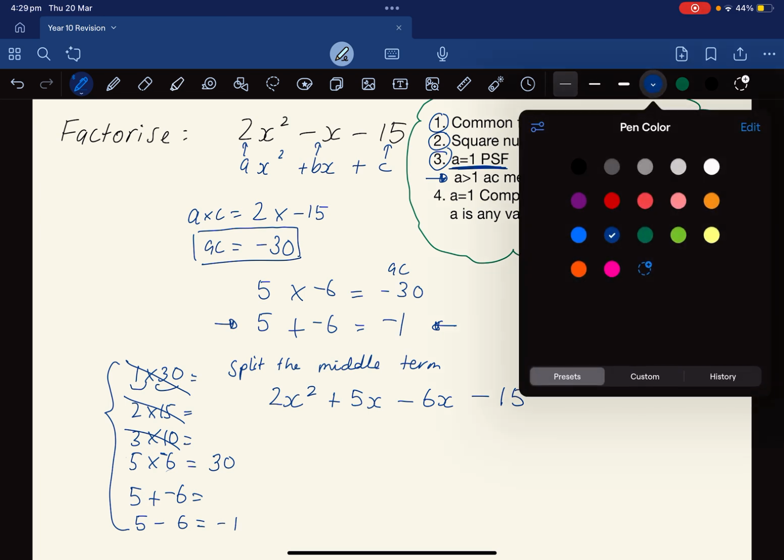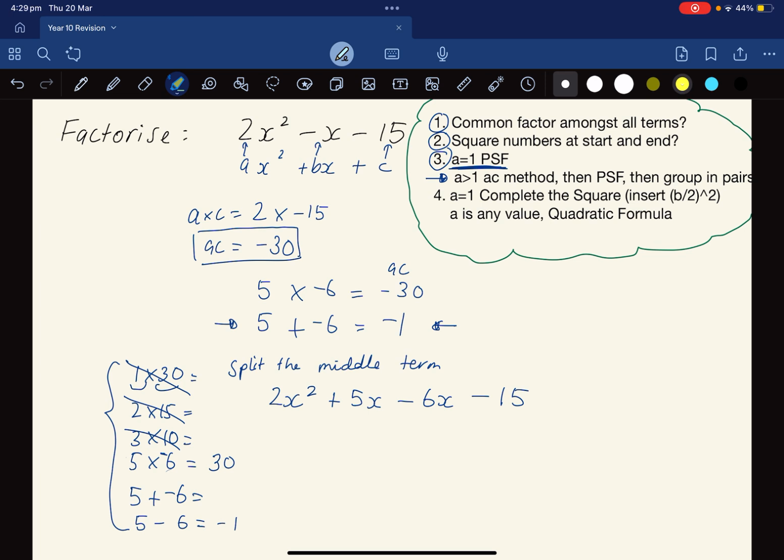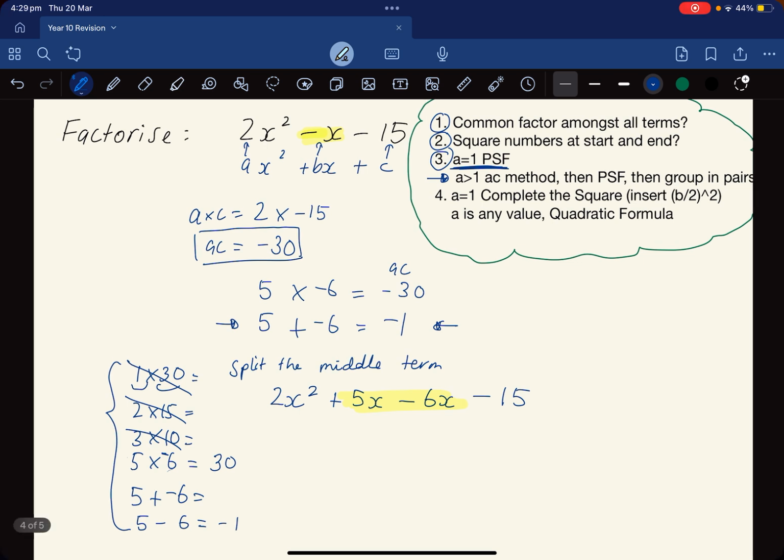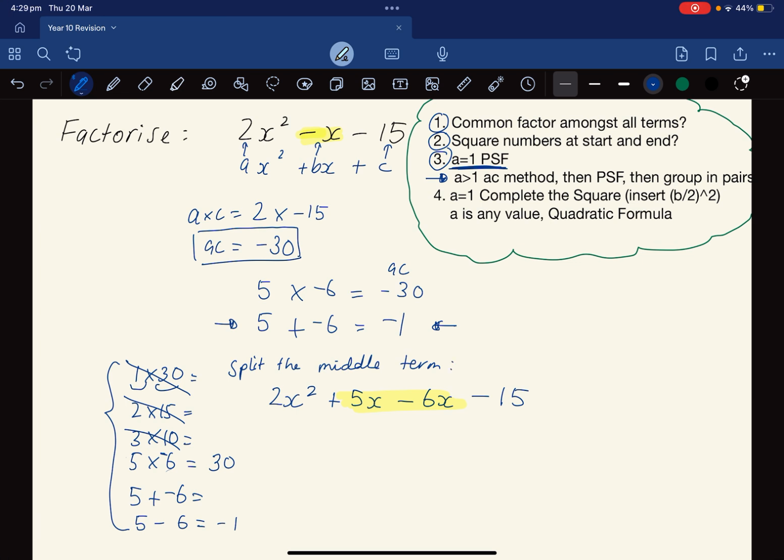So all you're doing is splitting up that middle term. We're splitting up that negative x into 5x take 6x. It's the same thing. So we've split the middle term, which is great.